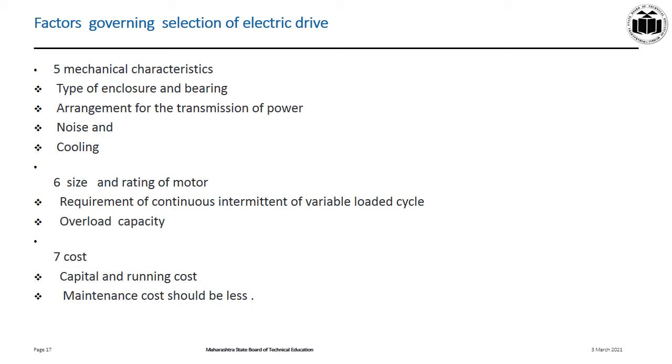The next criterion is the size and rating of the motor, so the requirement of continuous, intermittent or variable load cycle, or the overload capacity. Last but not least, the cost, which will include the capital and running cost, and also the maintenance cost.